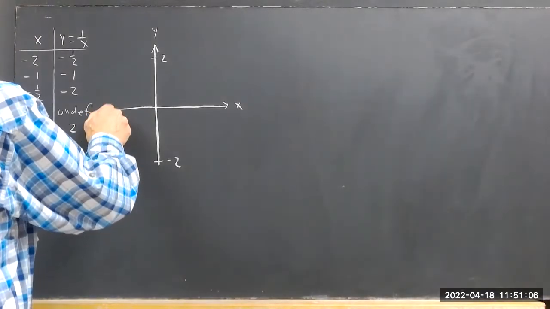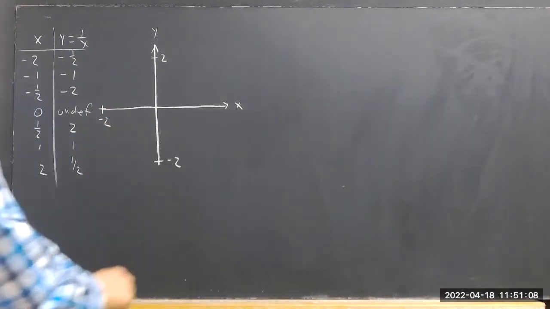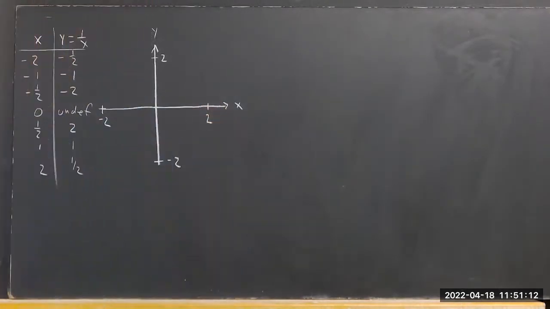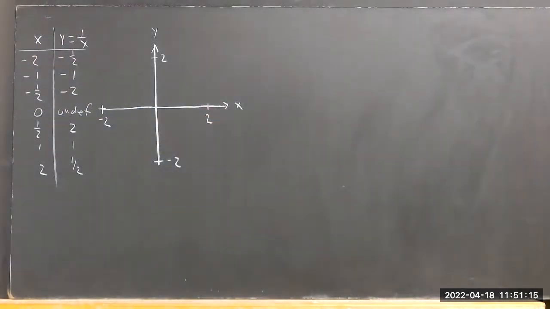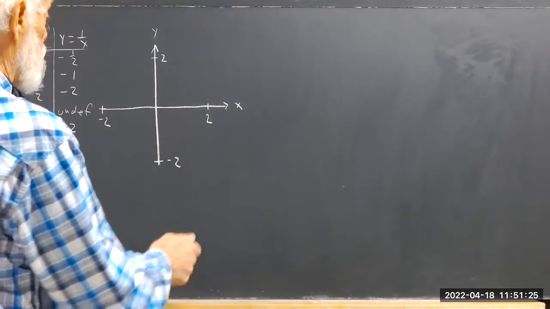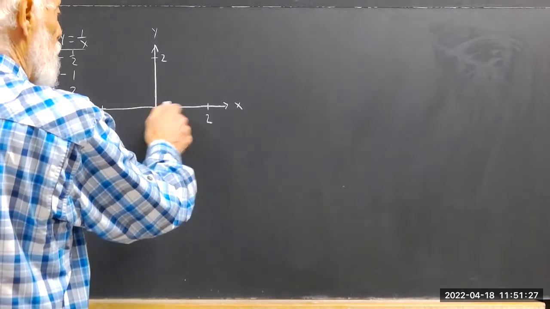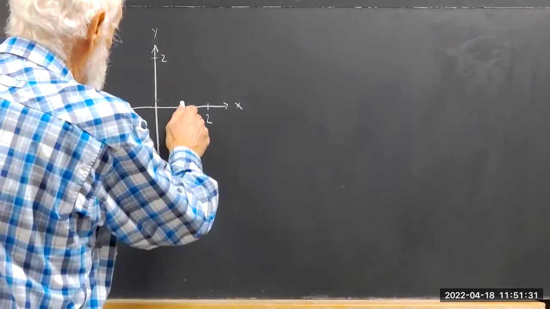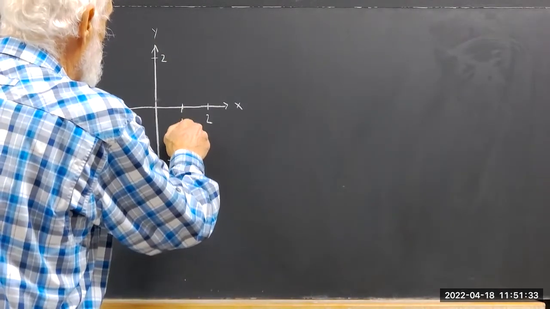So I can put -2 here, and I can put 2 here. Okay. Now I'm also going to need -1 and 1, right? Well, it's easy to get -1 and 1 on these graphs. 1 is going to be halfway between here and here. So you just take that and you divide it in 2, and right here is 1.